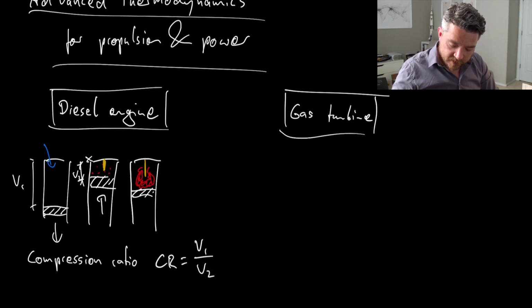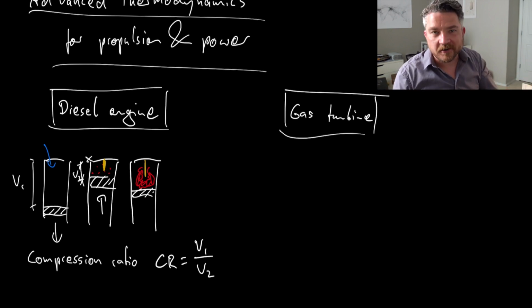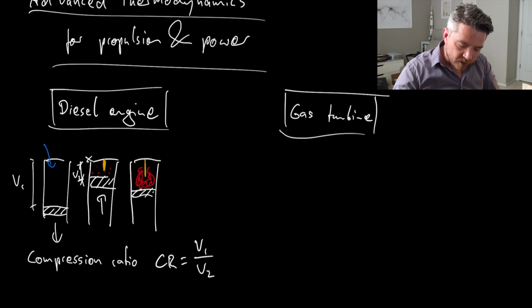All right, let's now look at a gas turbine. Gas turbine, you're familiar with that from flying somewhere on an aircraft. That's what's hanging under the wings. And the way these work is very different. I'll not go through all the intricacies, so we'll not cover different types of gas turbines.